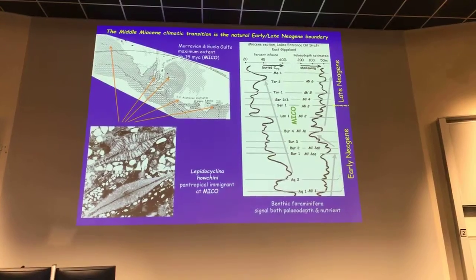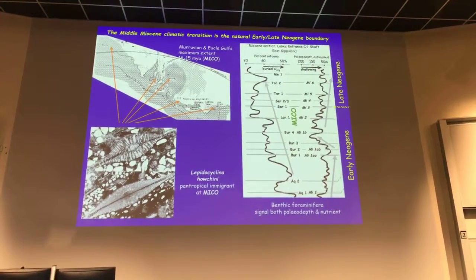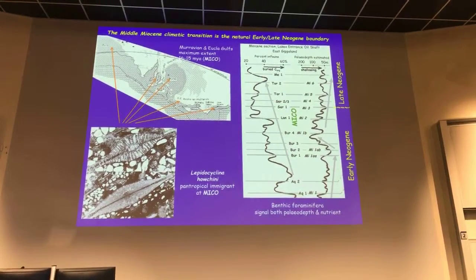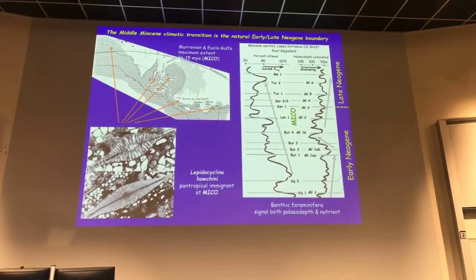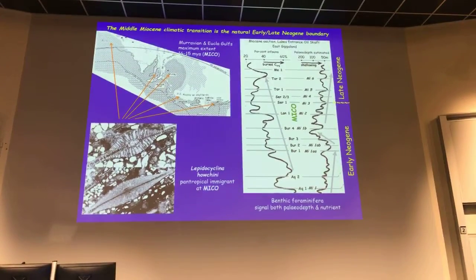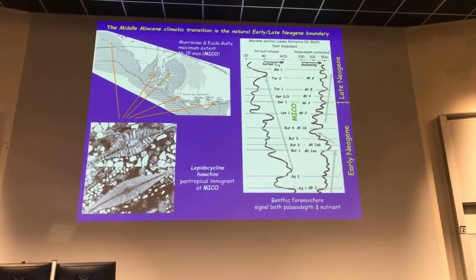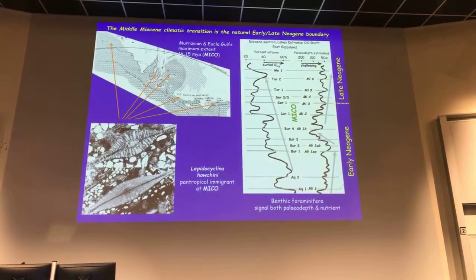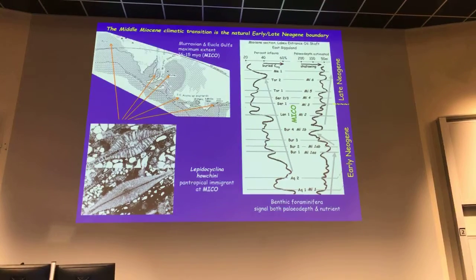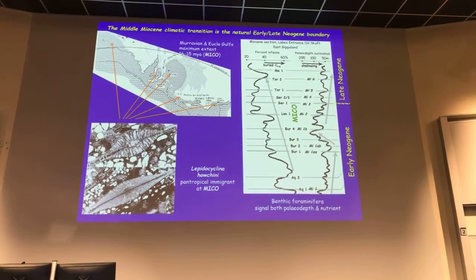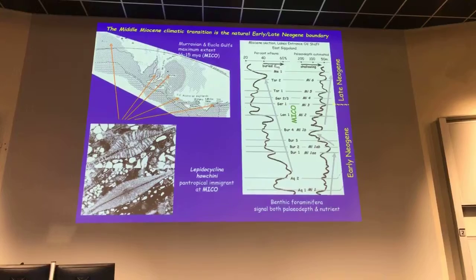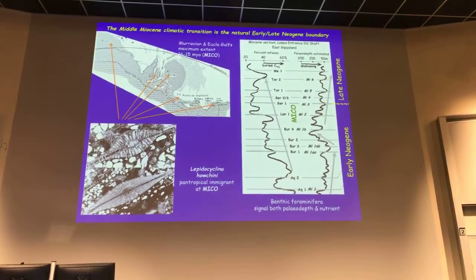And it's followed quite suddenly by the drying out, the aridification of Australia, the disappearance of the record. The sea vanishes, the Murravian Gulf dries up, the Eucla Gulf dries up, soon after this last big warm pulse when these large tropical type foraminifera came south for the last time, Lepidocyclina howchini.